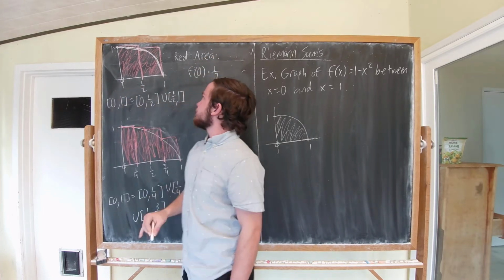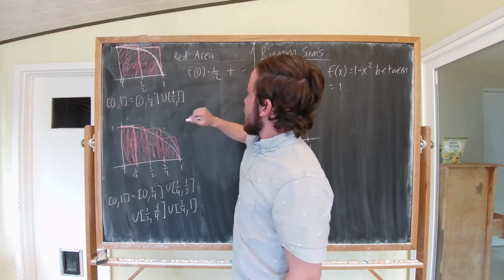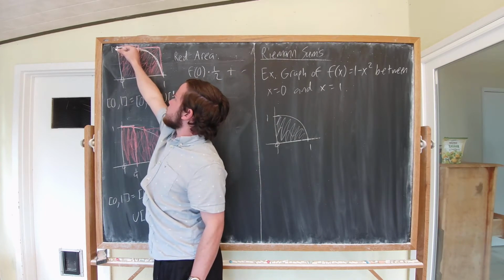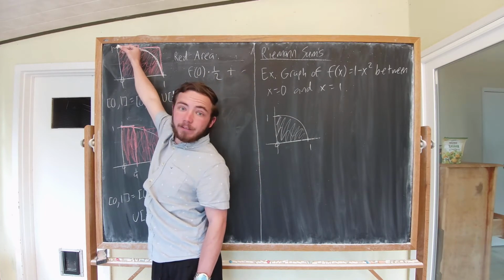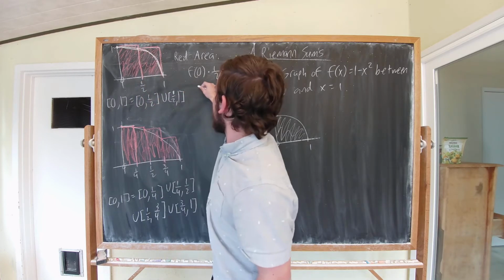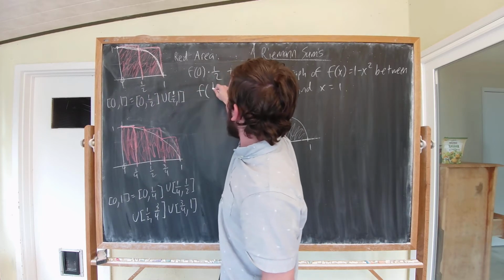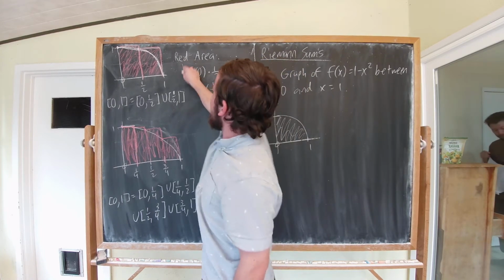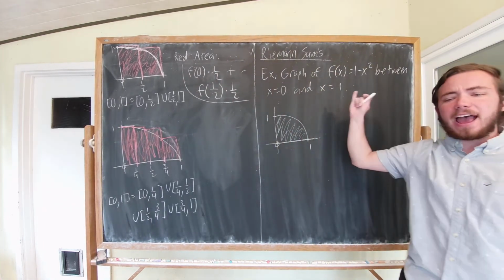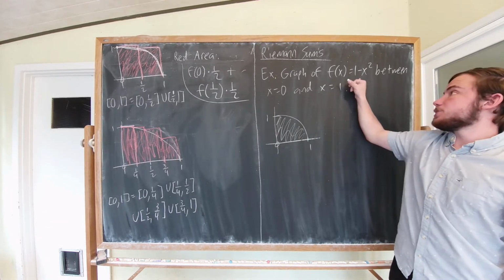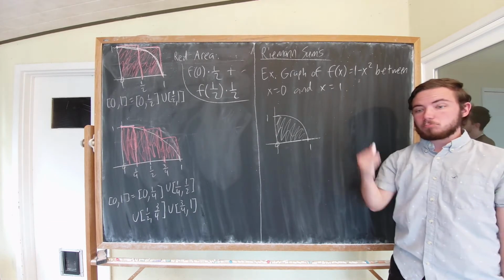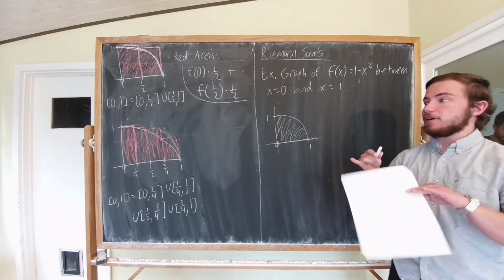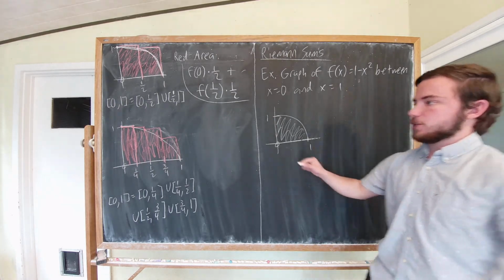It's 1/2 wide. How about this one? This rectangle has the height, the intersection of line x equals 1/2 with my curve, so it has height f of 1/2 times 1/2. And you're welcome to compute that as an actual number using this function. Go ahead, you just plug in 0 and plug in 1. But I'm trying to step away from that for now and move to more general what's going on.